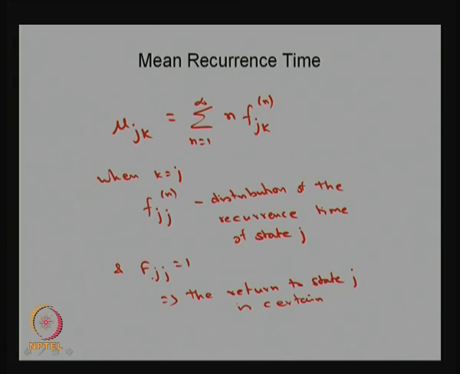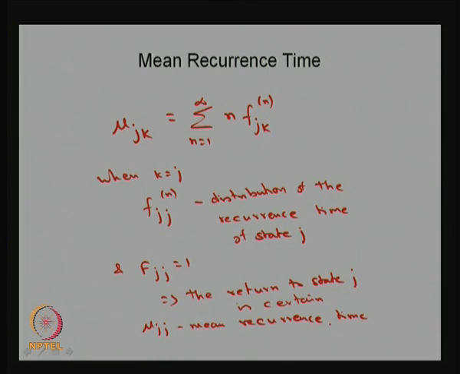Therefore, that corresponds to f j j equal to 1, and mu j j will give the mean recurrence time for the state j.